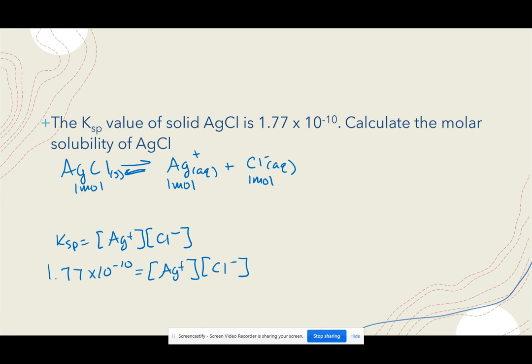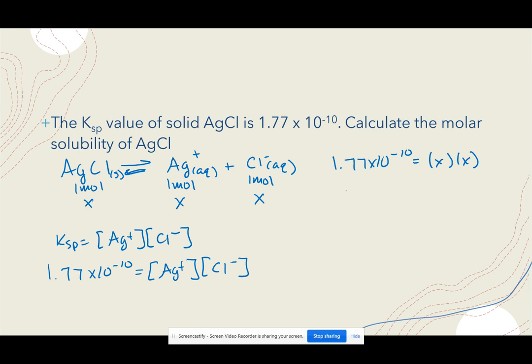So I don't know the molar solubility of silver chloride, so we'll call it X. But that means silver would also be X and chloride would be X because of the ratio, because it's all a coefficient of 1. So really what I end up with is 1.77 times 10 to the negative 10 equals X times X, or X squared.